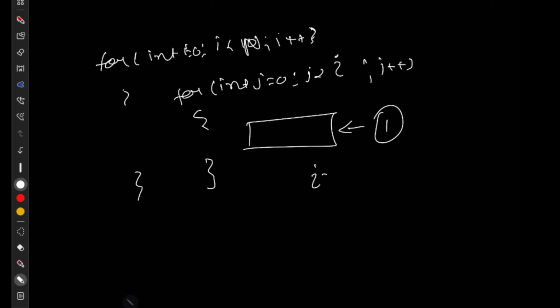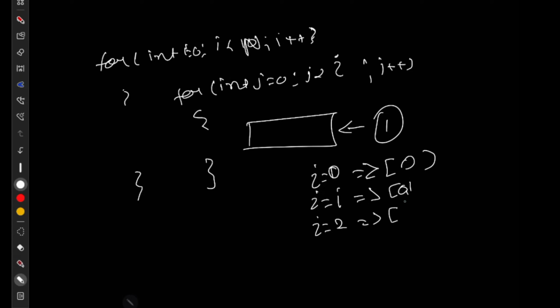When the value of i is equal to 0, the second loop will be implemented 0 times. When the value of i is 1, the second loop will be implemented 1 time. When i is equal to 2, the second loop is implemented 0, 1, 2, 3 times. Here it is less than or equal to, so we can write it like this.